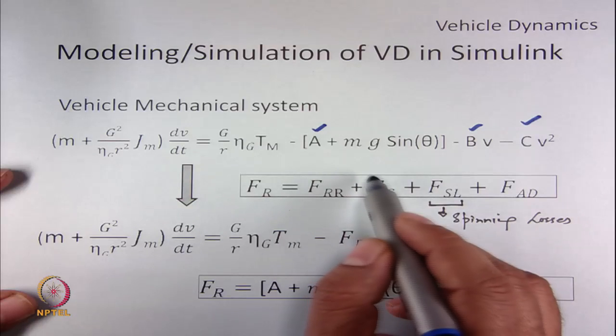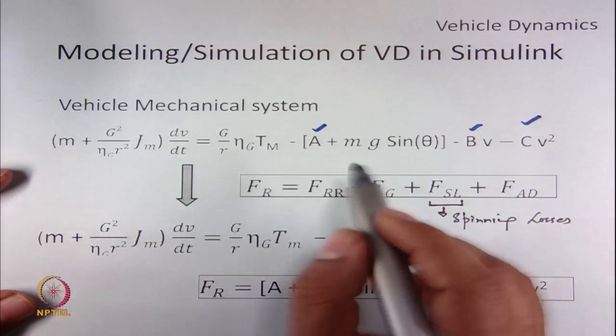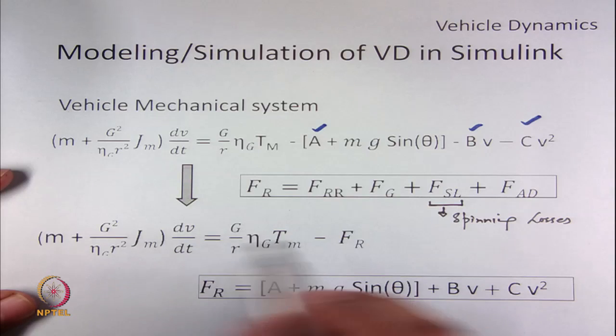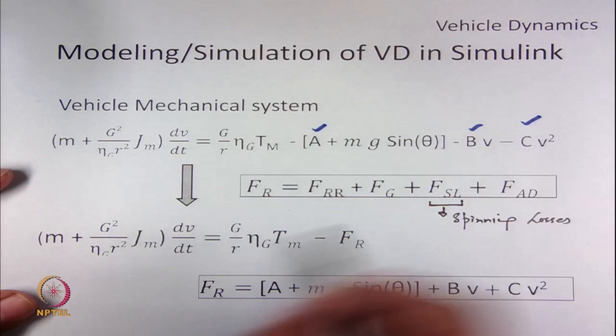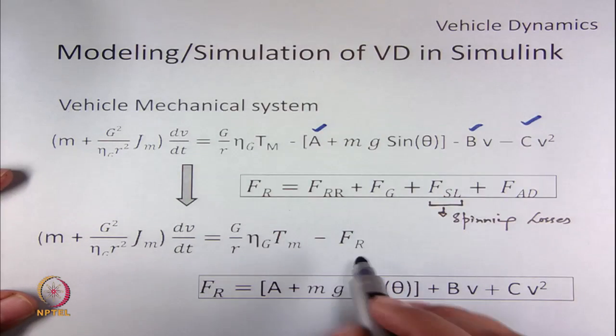So, in some sense these constants and the force calculation using these constants is slightly more accurate compared to the previous case. So, we can also use ABC constants to represent Fr.